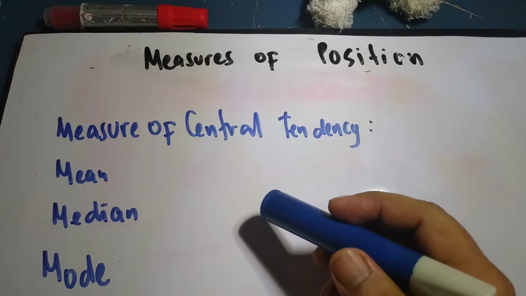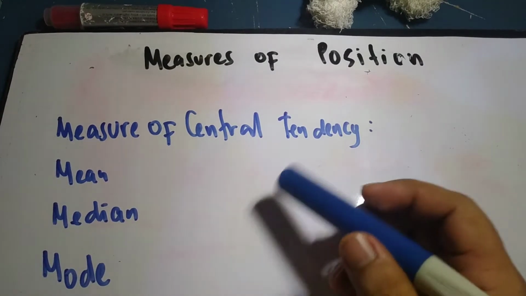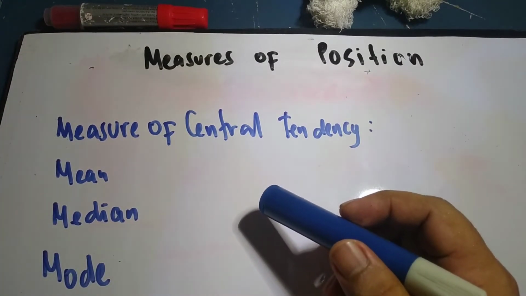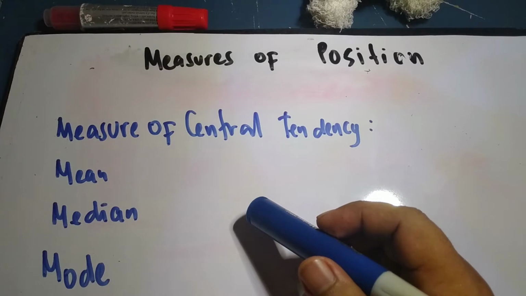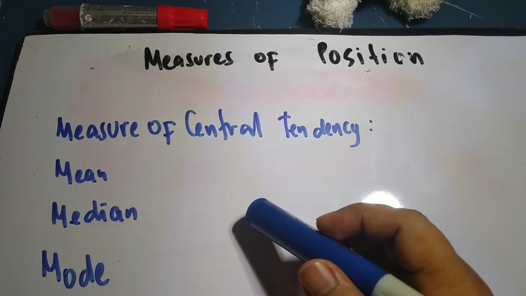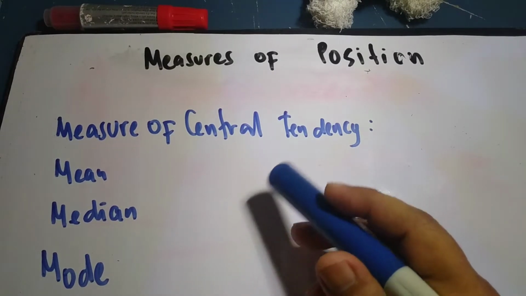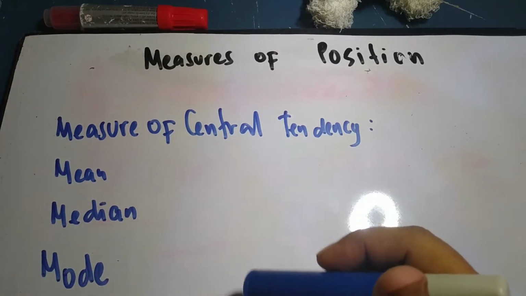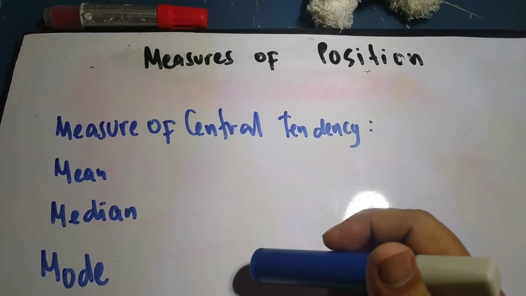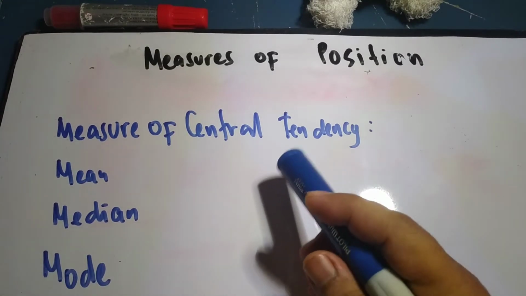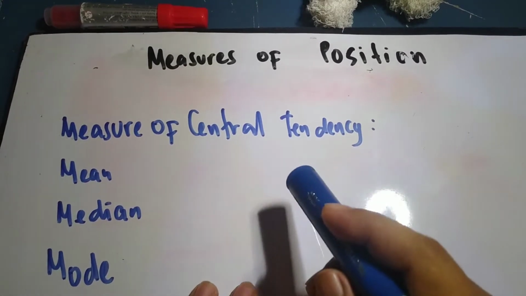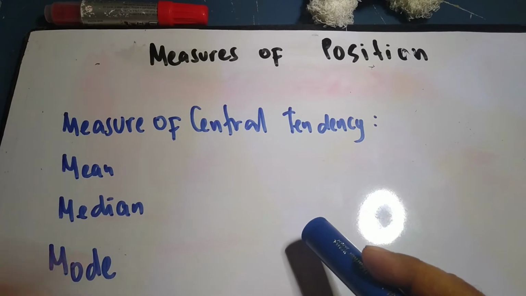So, lahat ito is under ng statistics. Okay, so pag sinabi nating statistics, it is a branch of applied mathematics that deals with the collection, organization, presentation, analysis, and interpretation of data. Okay, so doon pala sa stat, bago tayo mapunta ng measure of position, so meron tayo tinatawag na measure of central tendency.